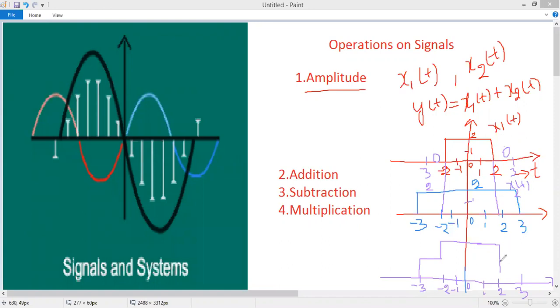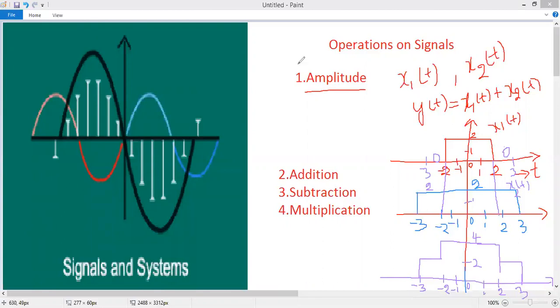So from this point onwards, we have an amplitude value of 2. Like this, we have a signal. So this is a 2 and this one is a 4. So this is the resultant signal.